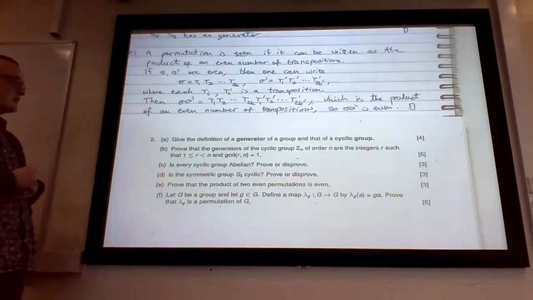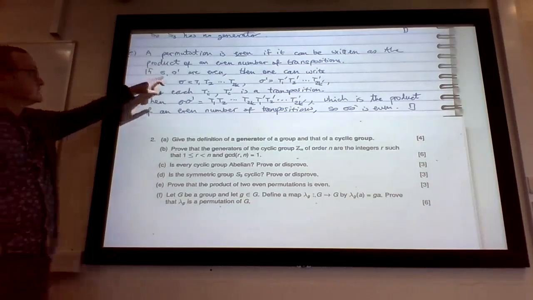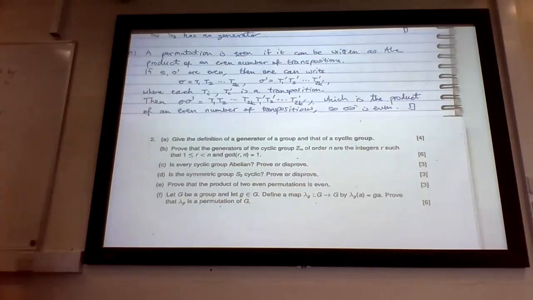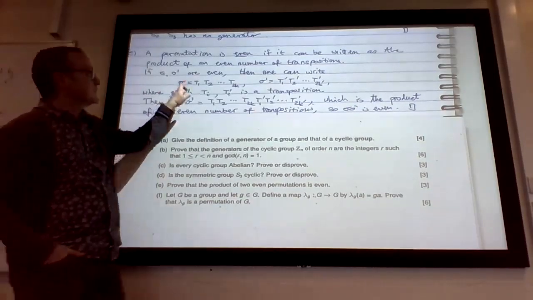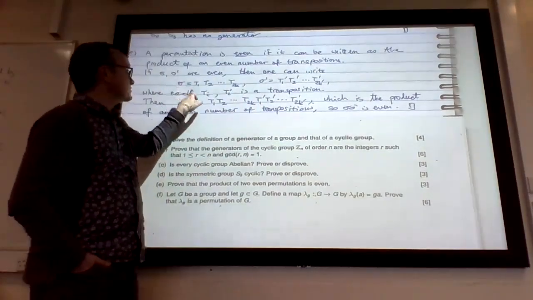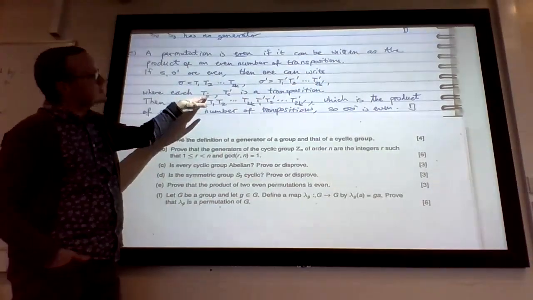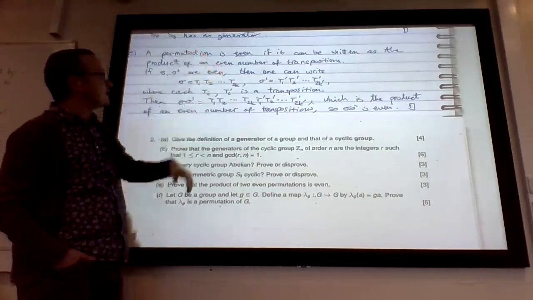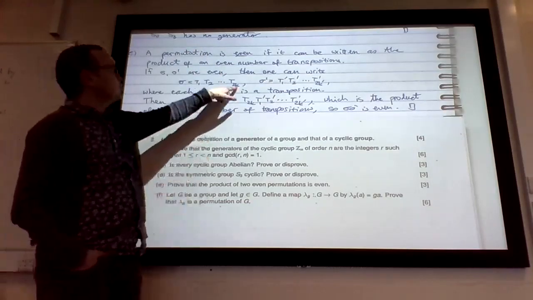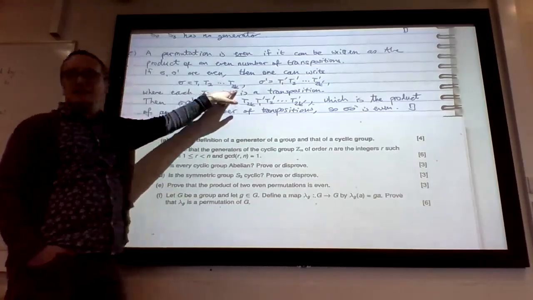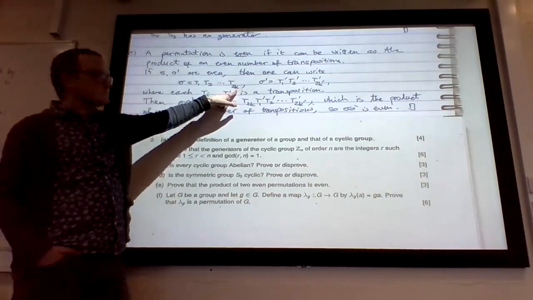So you can give a direct proof of this. If sigma and sigma prime are even, then you can express sigma and sigma prime as a product of transpositions tau i and tau i prime. And importantly, there's an even number of them.